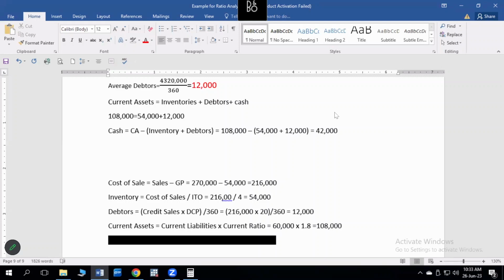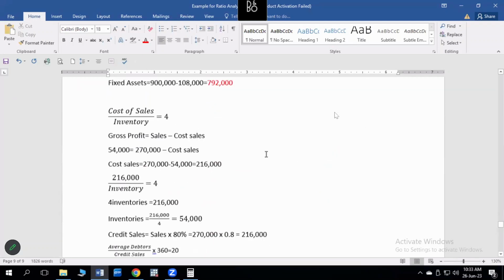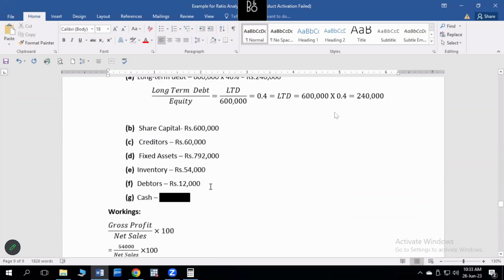But what is the remaining one? Cash. So when you are rearranging this one, you can get this. So 1,08,000 minus these things, so 42,000 becomes the cash. So you can answer this question 42,000.